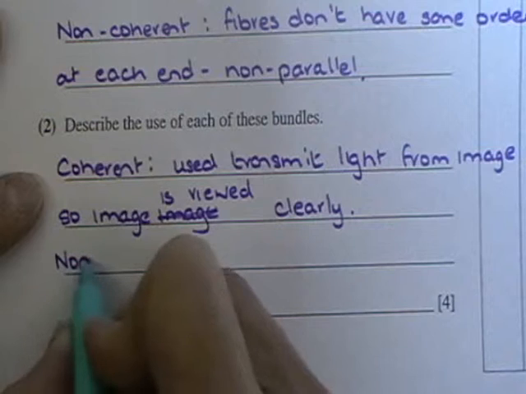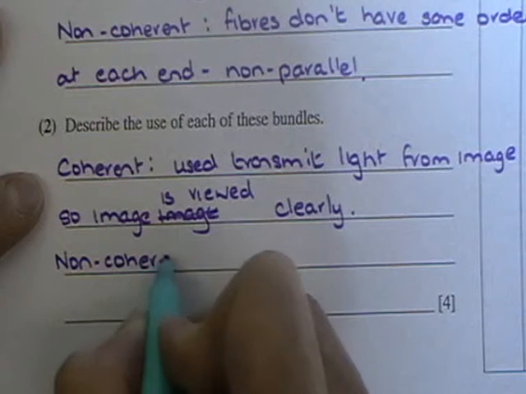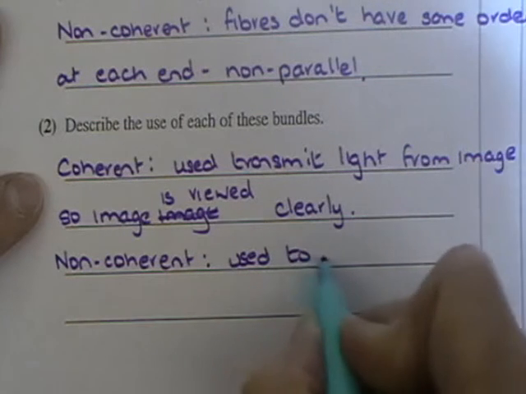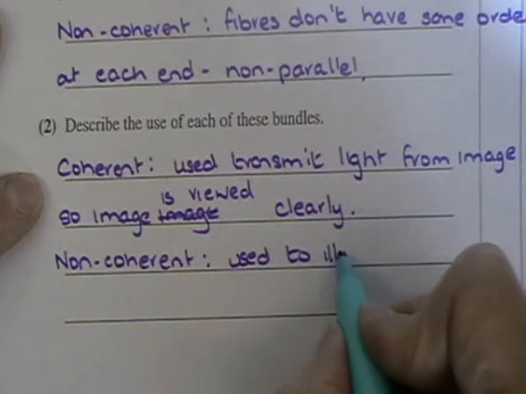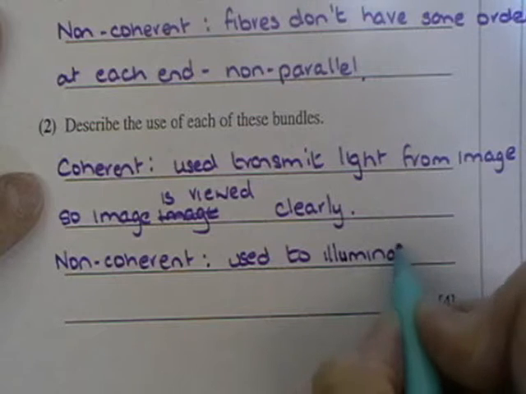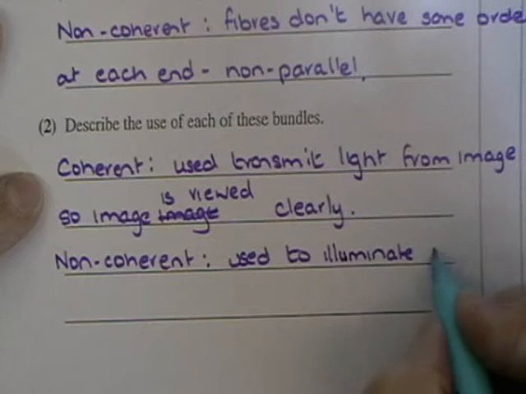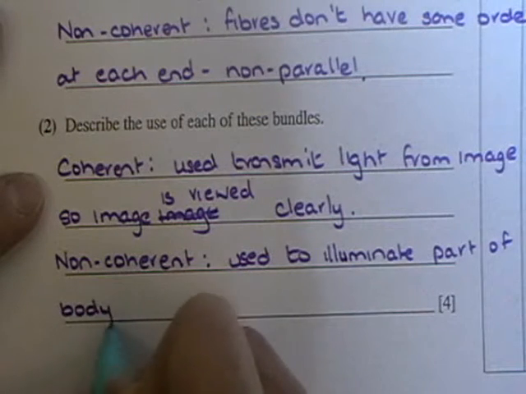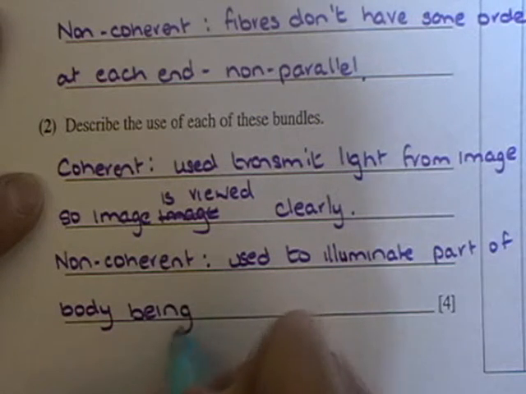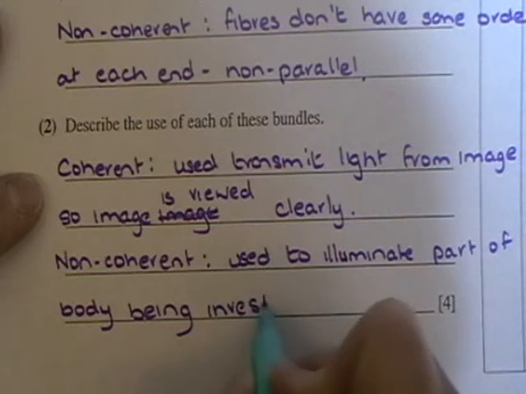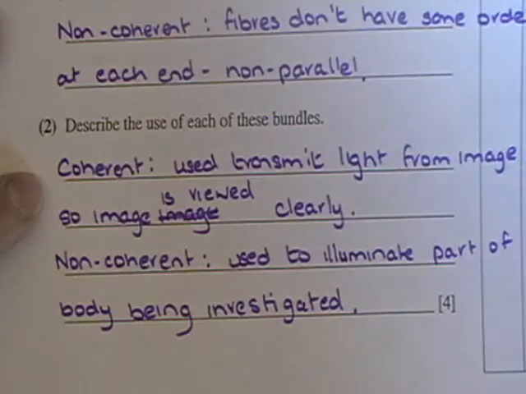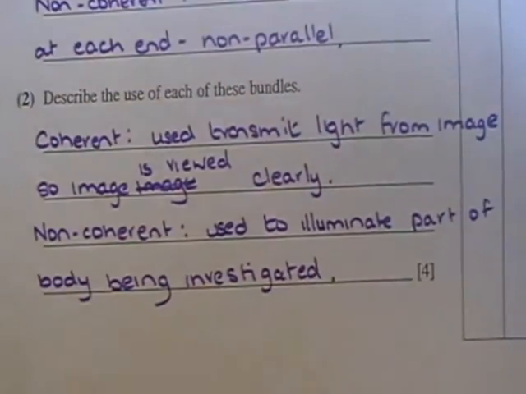And then non-coherent is just used to illuminate the part of the body. And it doesn't matter what order the fibres are in, because you just want light from the outside to get in. So it's used to illuminate the part of the body being investigated.